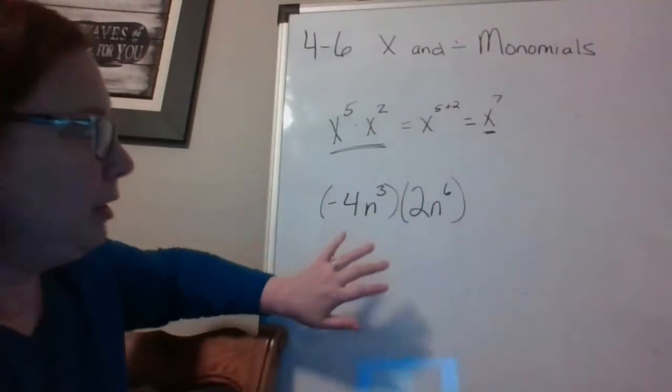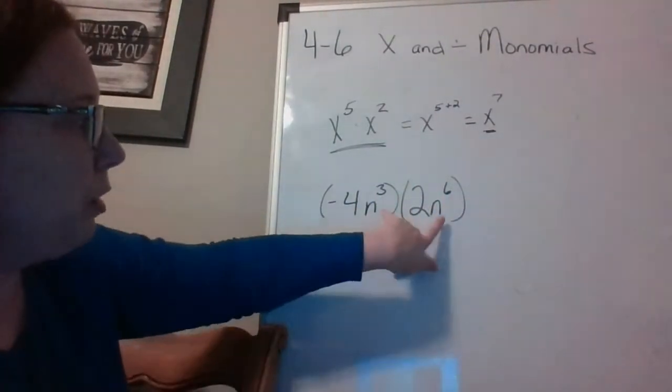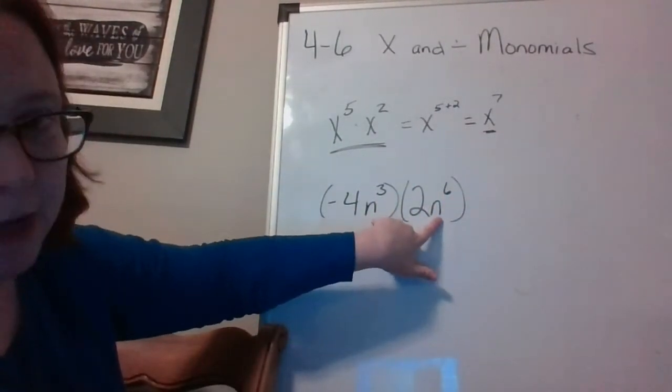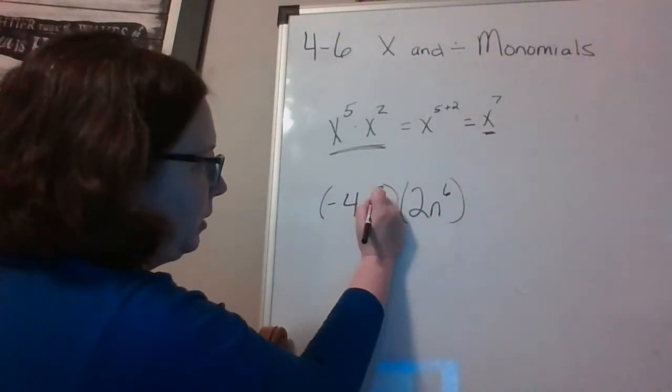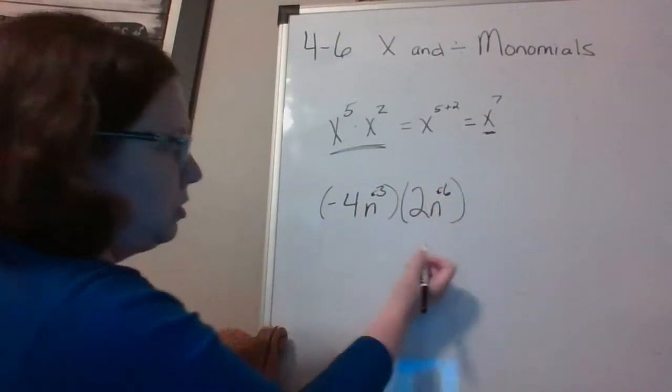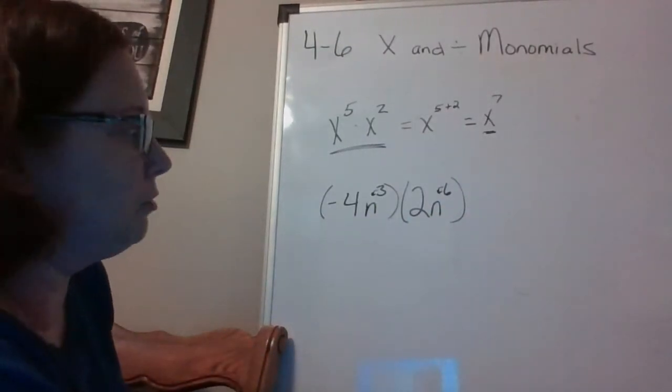When you are combining these, we have exponents here and here. Both of those exponents are on the base of n. Remember that your exponent only belongs to whatever's directly to its left. So it's not the number, it's just the variable that's directly to the left.